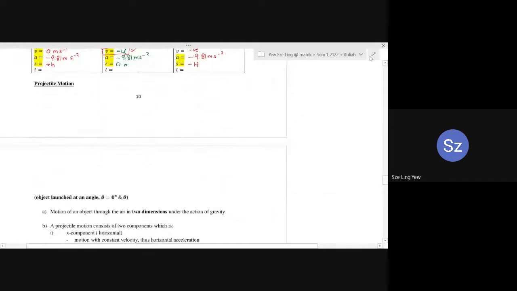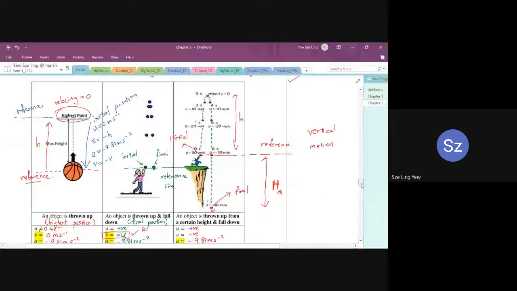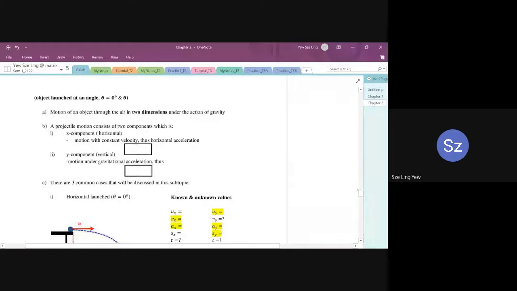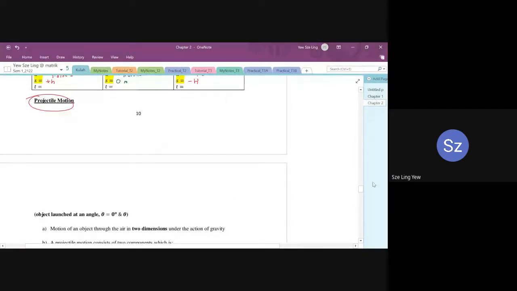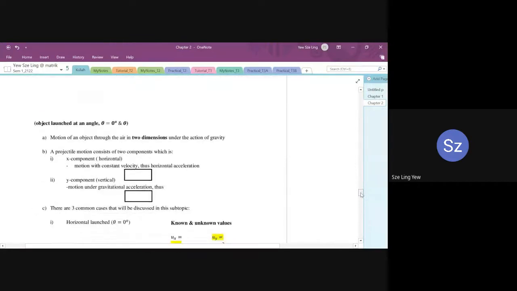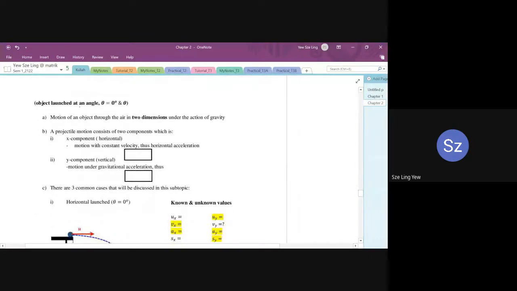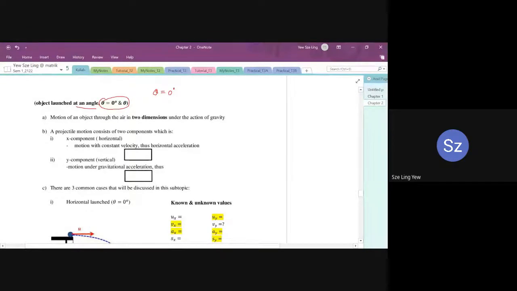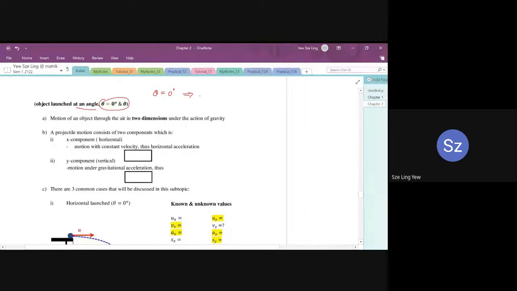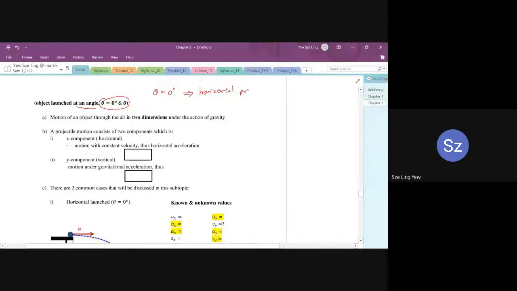projectile motion. Projectile motion is an object that is being launched at an angle, either 0 degree or a non-zero value, but definitely less than 90 degree. If the angle is equal to 0 degree, sometimes the question will mention it as horizontal projectile motion.